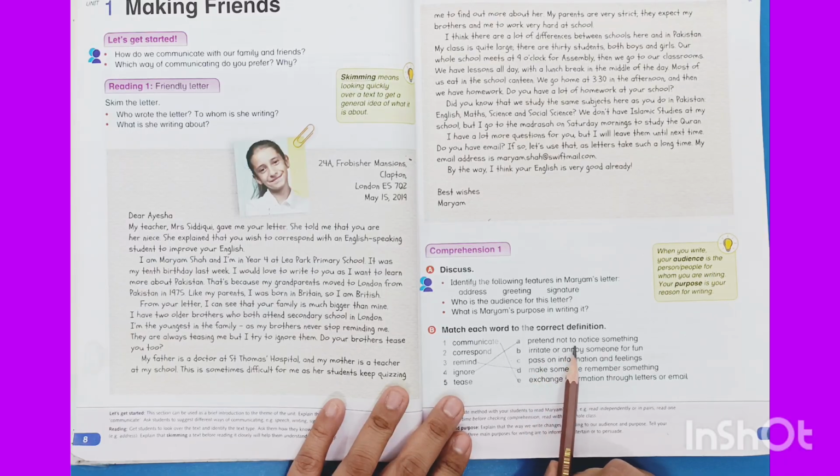Ignore means to pretend not to notice something. Remind means make someone remember something.